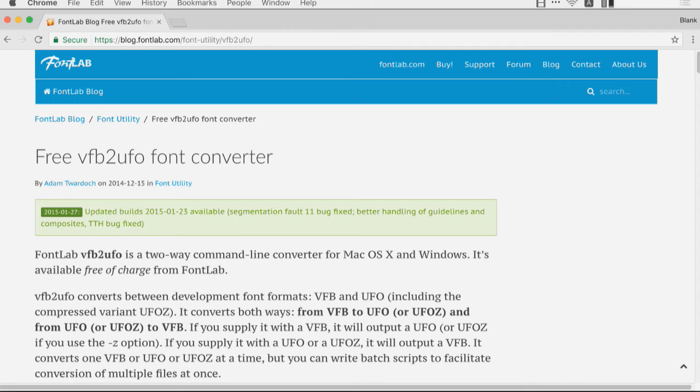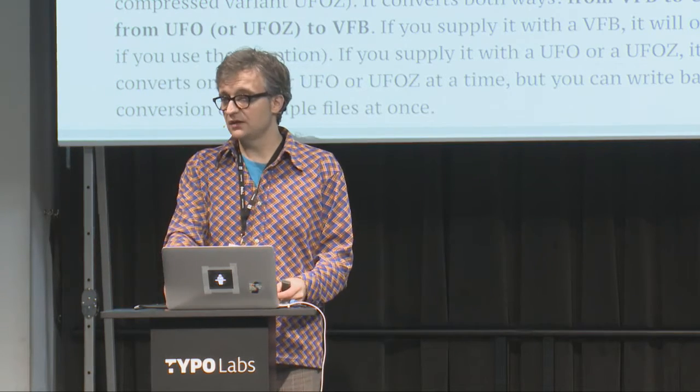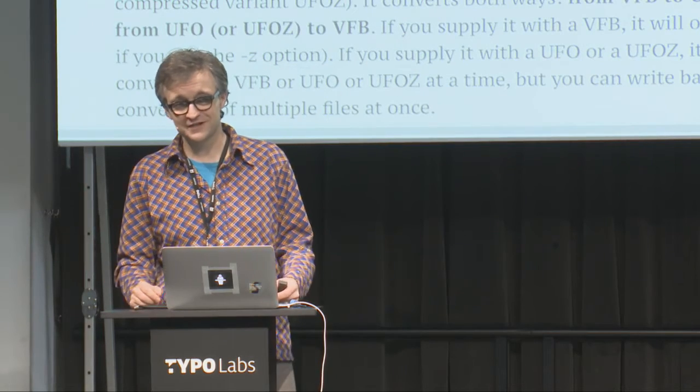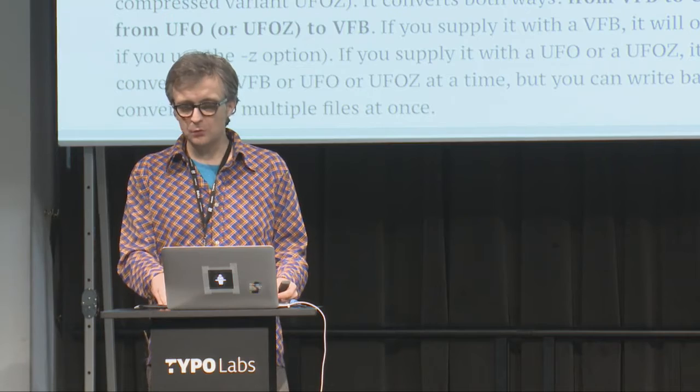So effectively, if you have a 4-master VFB with 2 axes, you can turn that using VFB to UFO into 4 UFOs, then import them into Superpolator and declare your design space there. So that's pretty much most of what you need for upgrading existing font projects.